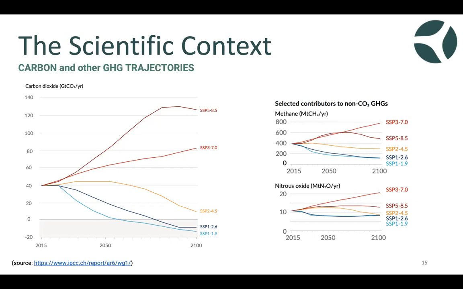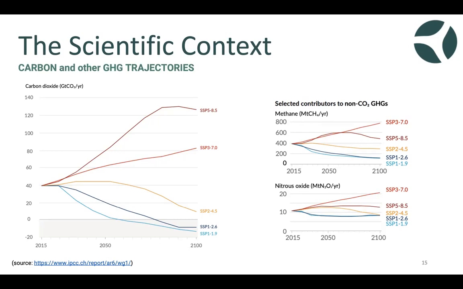So this is the SSP 8.5. What does that mean? This is the socioeconomic pathways. Again, it's linked to what we want to achieve from a socioeconomic perspective, and that is linked to fundamentally no change in our way of living. And that is associated to a certain increase in carbon dioxide.